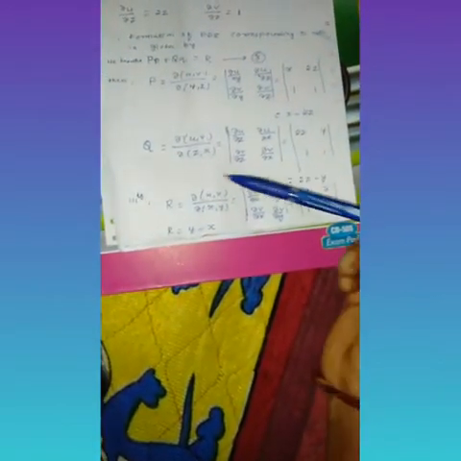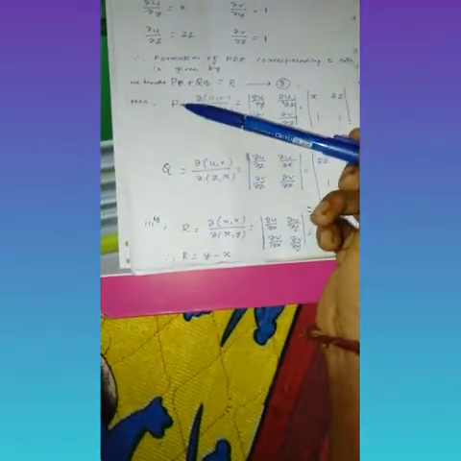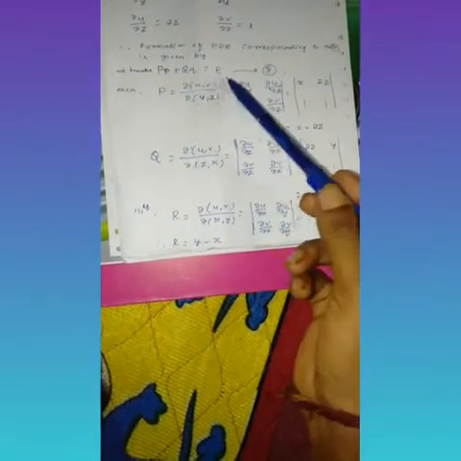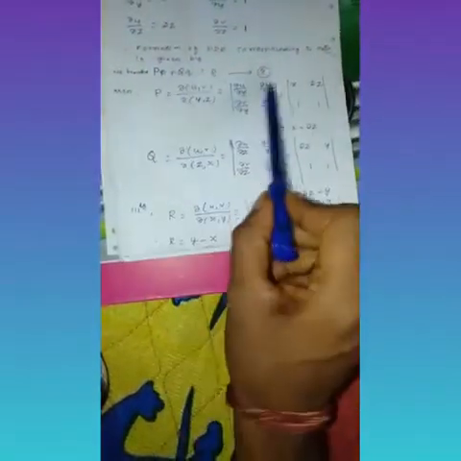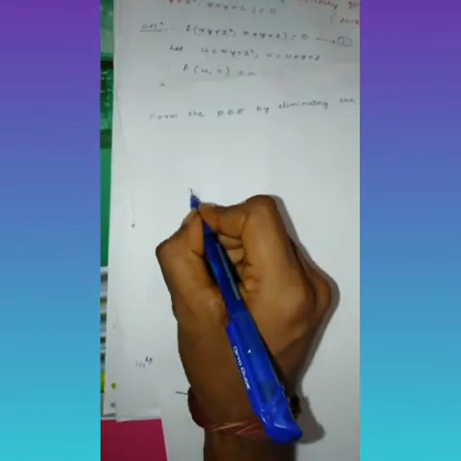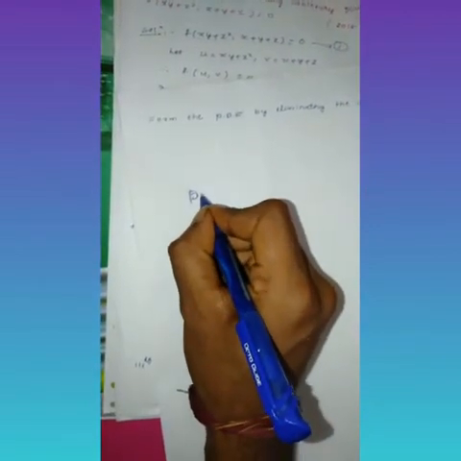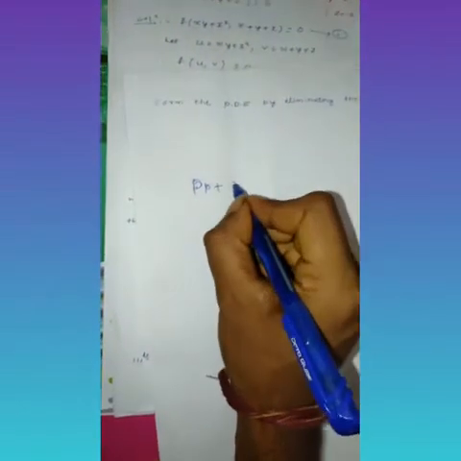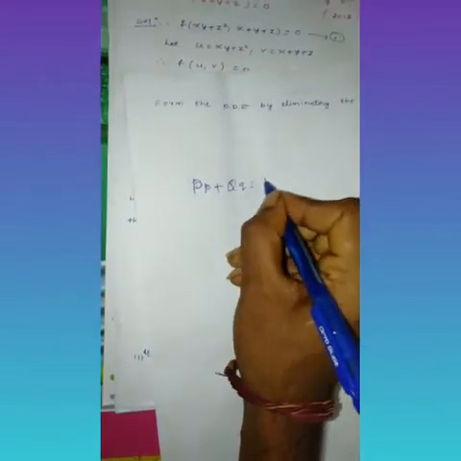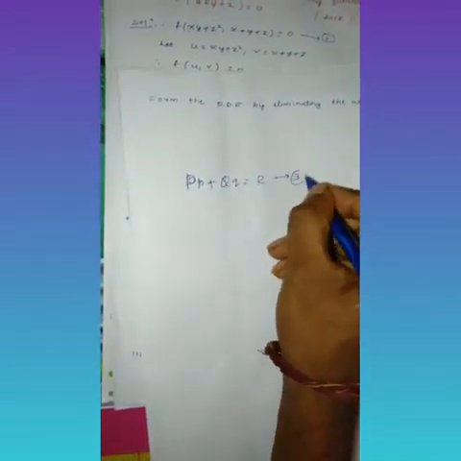Now we have to substitute these values of capital P, capital Q, and capital R in equation number 3. We get capital P small p plus capital Q small q is equal to R. This is equation number 3, we know that.